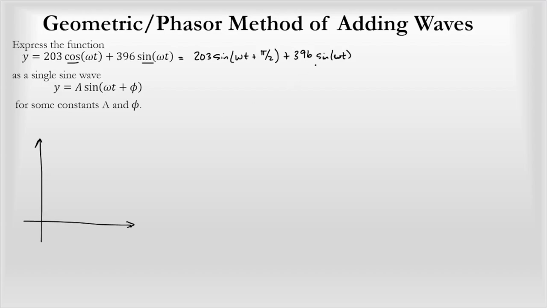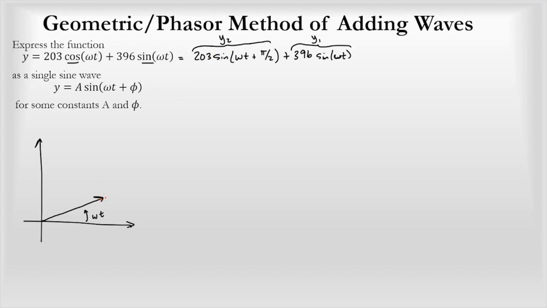If I let this one be wave 1 and this one be wave 2, let this be y2 and this be y1. I can represent the first wave like this. I'm going to let this angle here represent omega t. And so this is 396 at some angle. Then I'm going to add another vector on, 203.